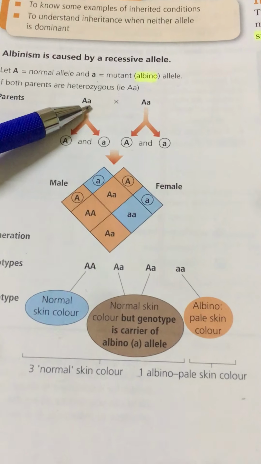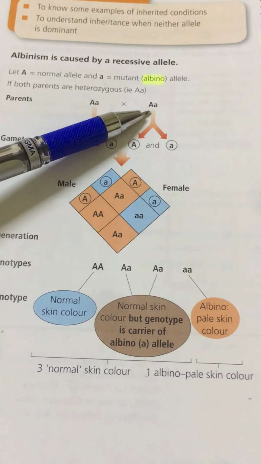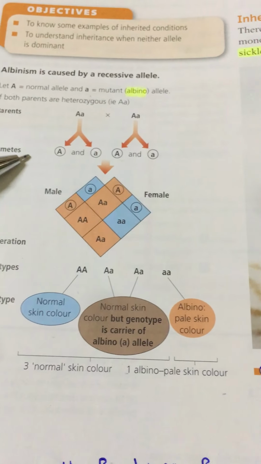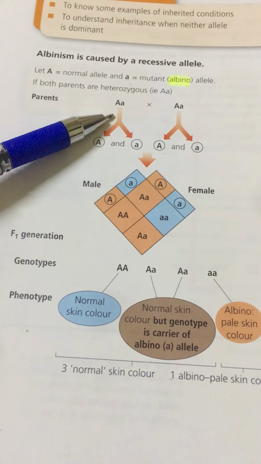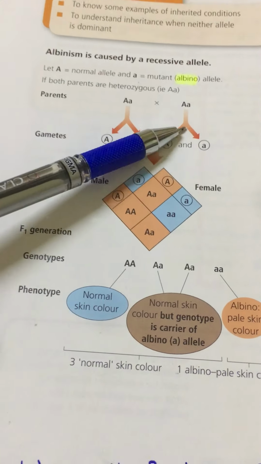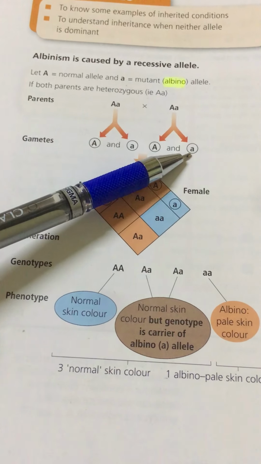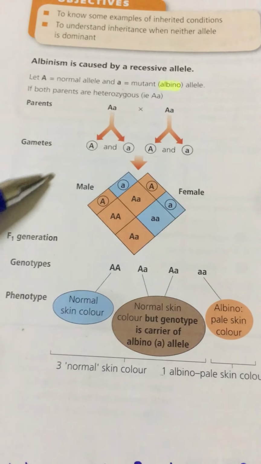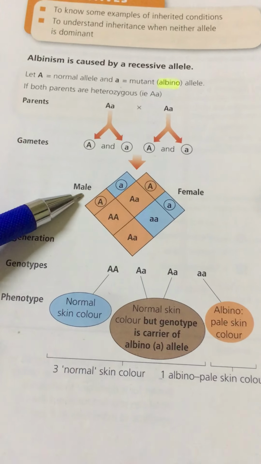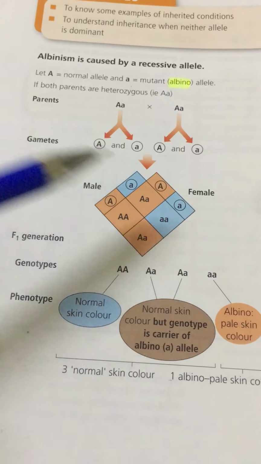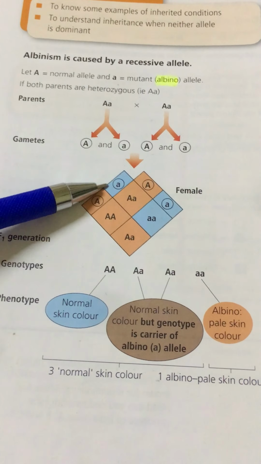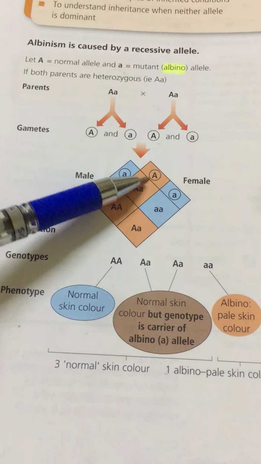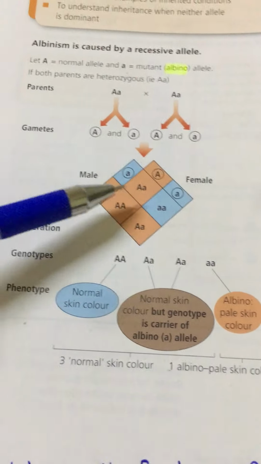A capital, A small, and here also A capital, A small. When they give gametes, they will give A capital and A small from, for example, the mother, and A capital and A small from the father. Now, this square will give us the probabilities of the offspring. So gametes A capital and A small from the male, A capital and A small from the female.